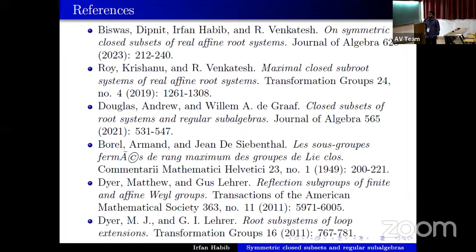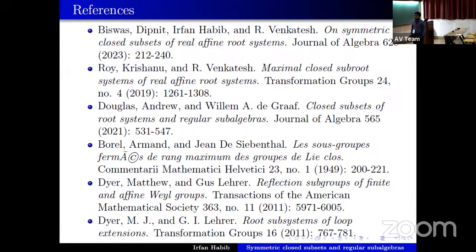Here are all the references used. This is our paper, and this is the paper of Roy and Venkatesh. This is a paper of Douglas and Graf. They classified closed subsets of finite root systems by decomposing them into a symmetric and a special part. They classified the symmetric part, and for the special part they gave an algorithm.